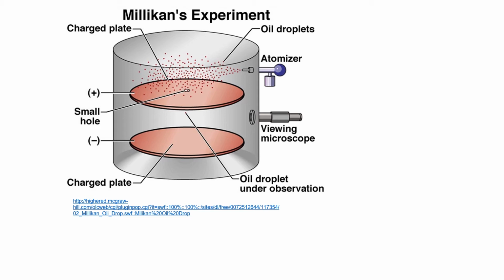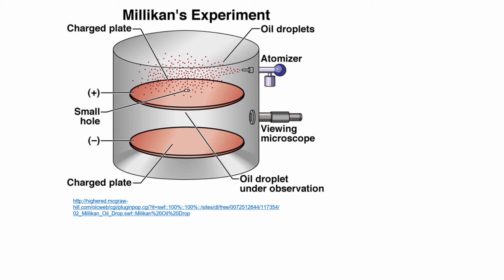Millikan's experiment. Millikan is from Iowa, and he performed what's called the gold foil experiment. Or the oil, not gold foil, that's Rutherford. The oil drop experiment. Sorry, got confused since the wrong slide came up.